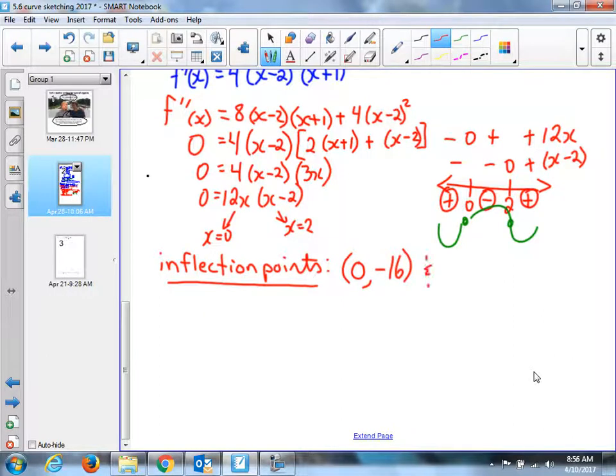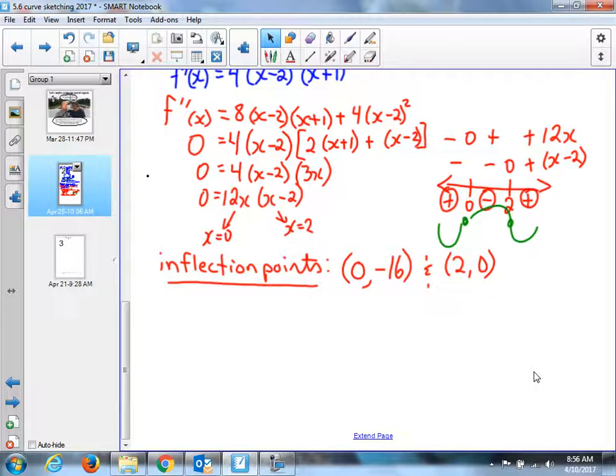The other inflection point is 2, comma, and when you put 2 in there, it's a 0, because it'd be 0 cubed.